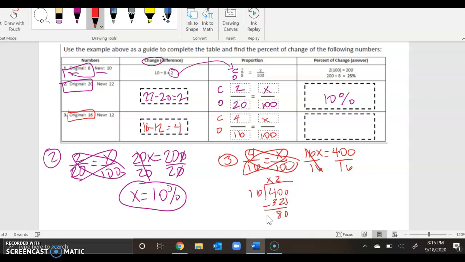Bring down our 0. 16 goes into 80 5 times. And we're done. So in this example, x equals 25. And again, it is a percent because x was over 100 and our percentage was missing.